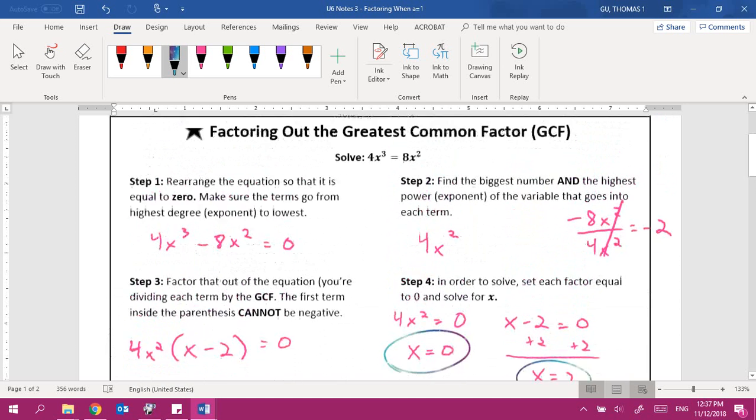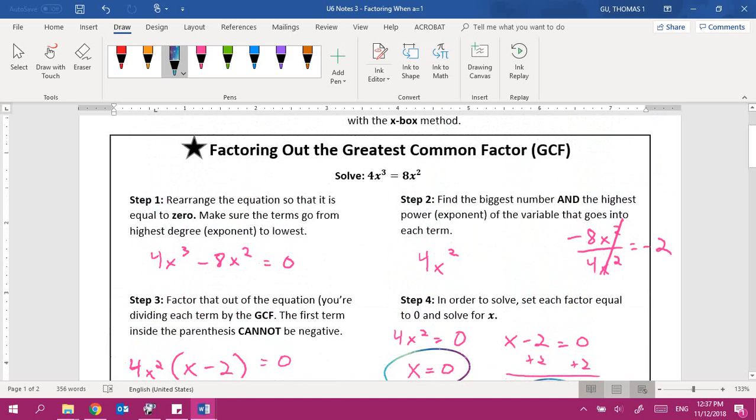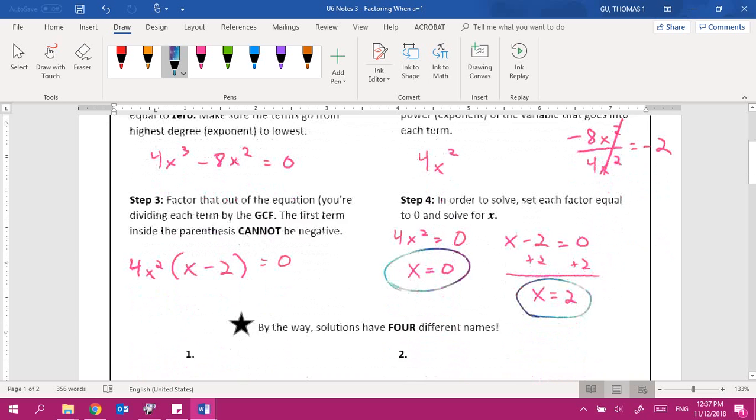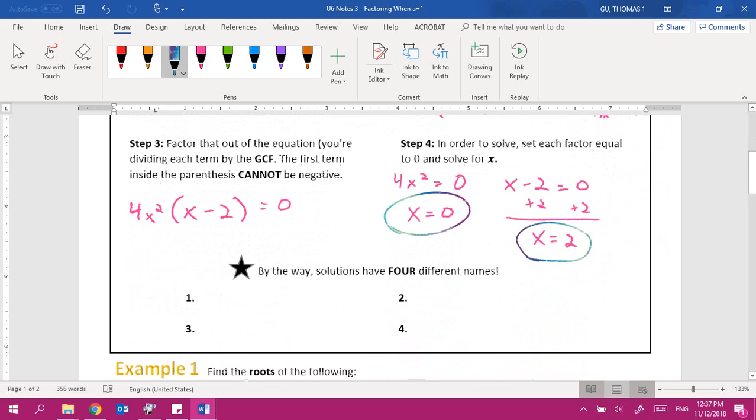Okay, so up here, right, it says solve. So it's kind of obvious, right? Solve, you're solving for x. X equals what? But down here, there's 4 different ways that solutions are called. So we need to make sure we know them. Because when we see those words, if you see one of these 4 words, you're solving for x. One of these words is solutions, of course. Another one's going to be x-intercepts.